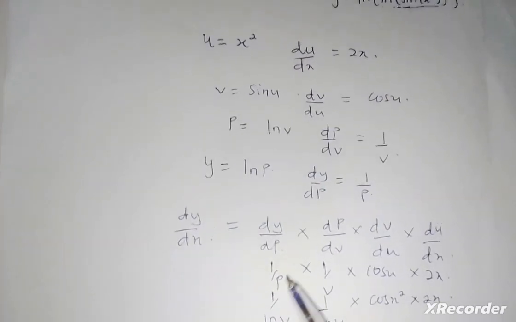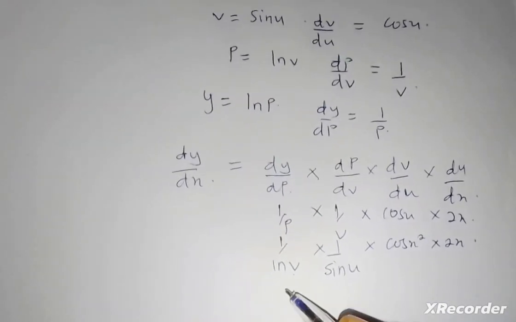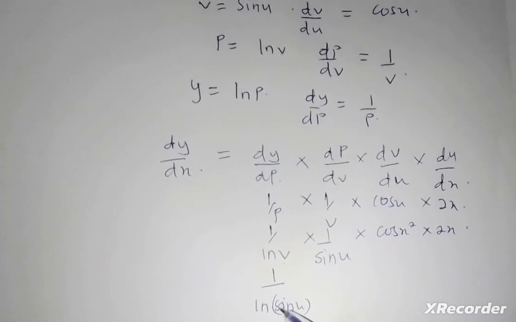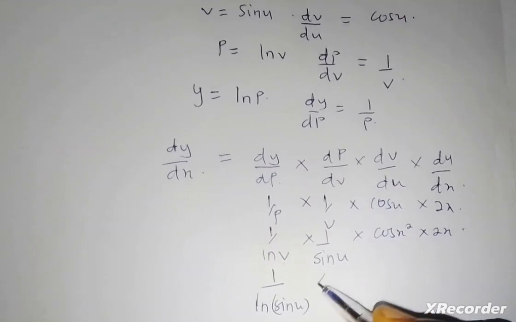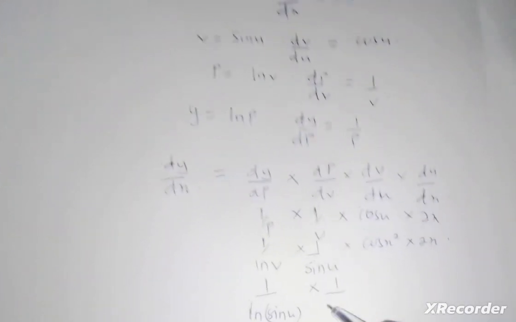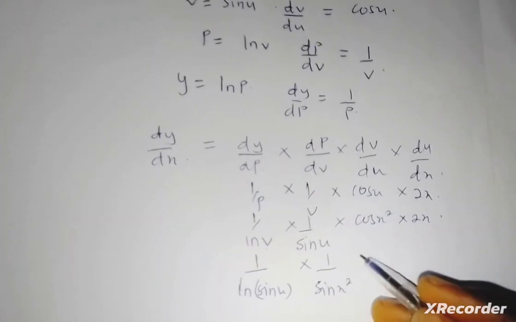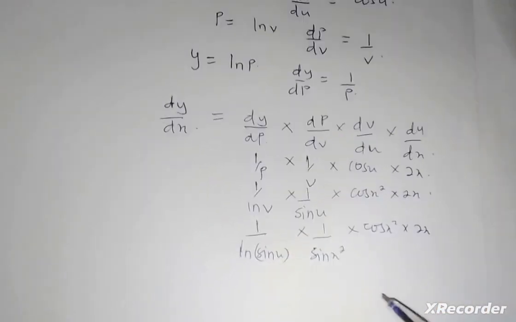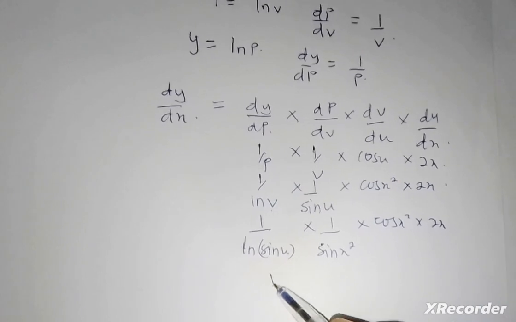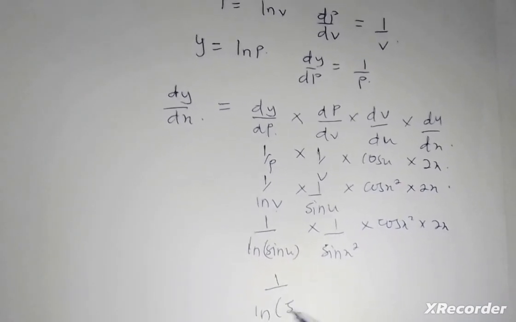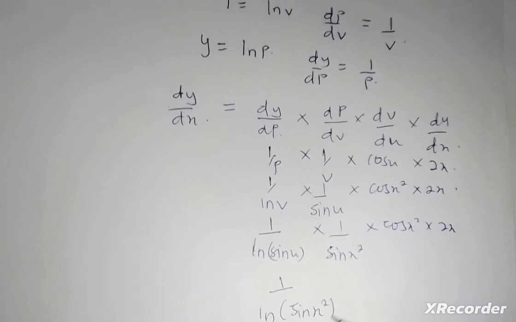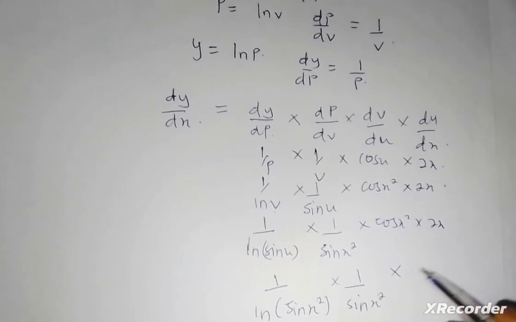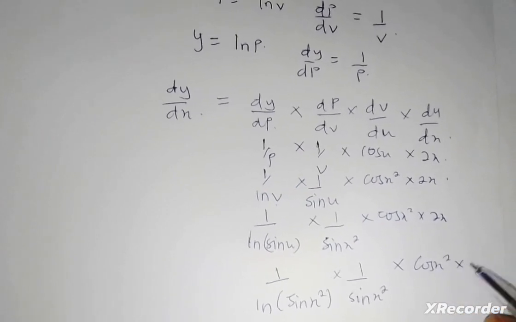So v is sine of u, so we are going to have 1 over ln of sine of u, times 1 over sine u, and u is equal to x squared, so sine x squared times cos x squared times 2x. Then also u is x squared, so we have 1 over ln of the expression sine x squared times 1 over sine x squared times cos x squared times 2x.